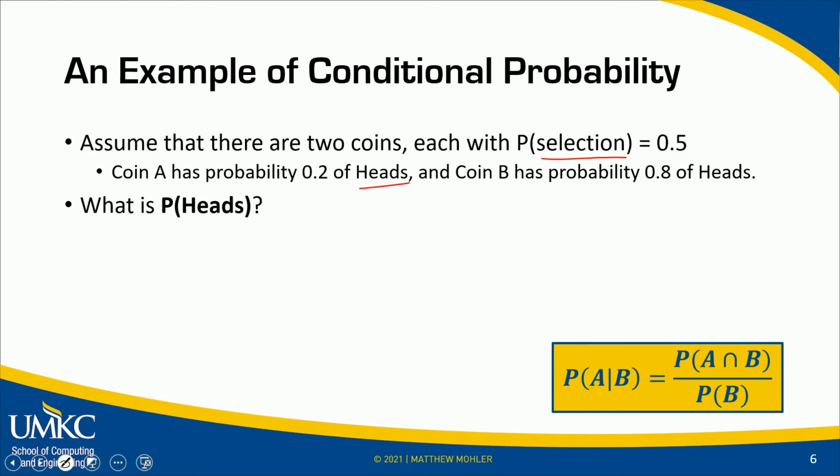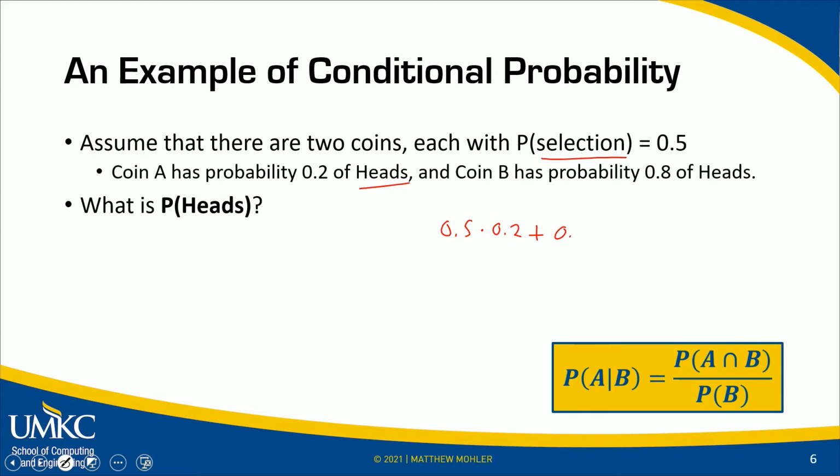So in this case, the probability of heads would just be 0.5, my probability of selection of A, let's say, multiplied by 0.2, which would be the probability of A giving me heads. And then the other way I can get here is that I select B. So then I would add those together.